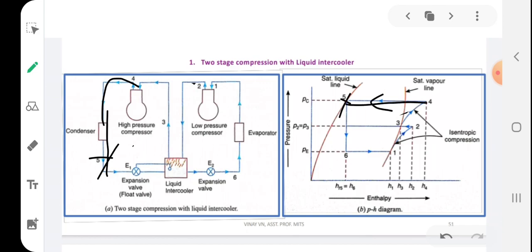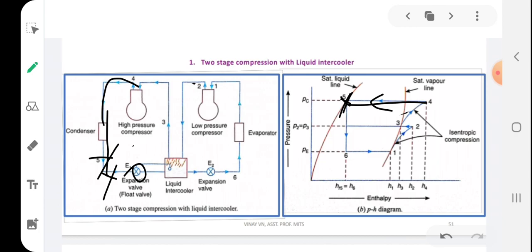It is condensed up to the point where the high pressure, high temperature vapor gets converted into the saturated liquid form. From 5 it enters an expansion valve. There are two expansion valves here, and this is the first expansion valve.